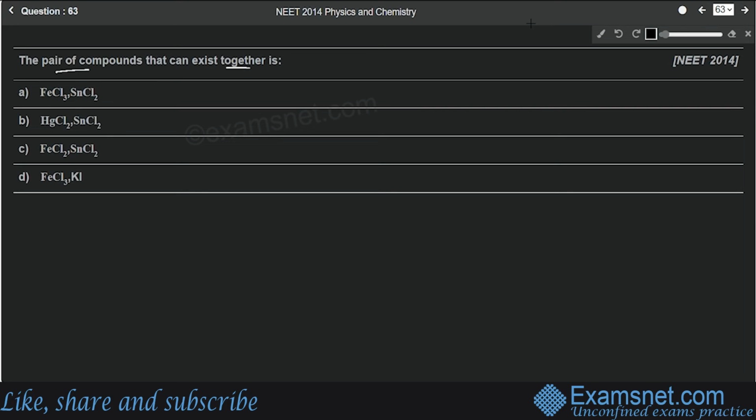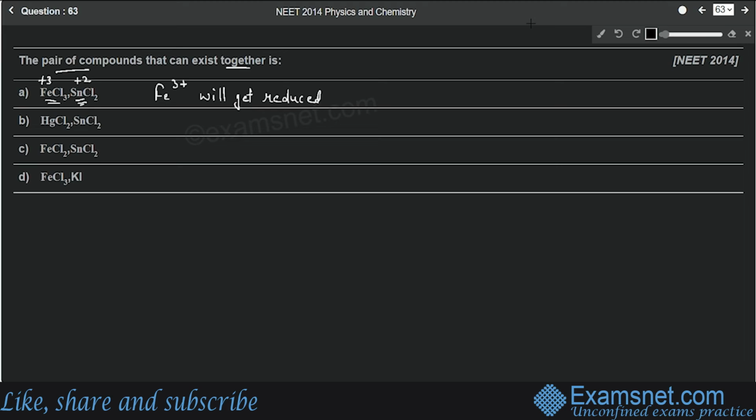In the first one we have FeCl3 and SnCl2. In this the oxidation state of Fe is +3 and that of Sn is +2. So in this case, what will happen? Fe3+ will get reduced, because it can also show the +2 oxidation state.